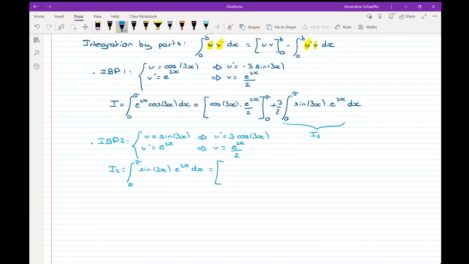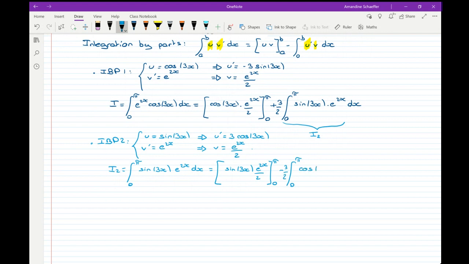Okay, I just apply my formula. U times V is sine 3x exponential 2x on 2, between 0 and pi, minus, okay, and let's have a look at the factors. So it's minus, I'm going to have a 3 and a 2 here.